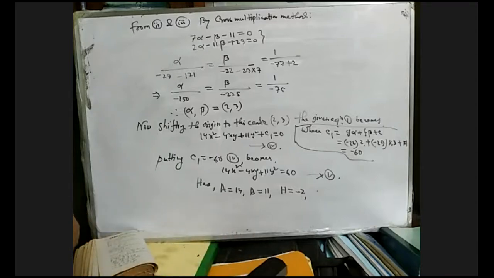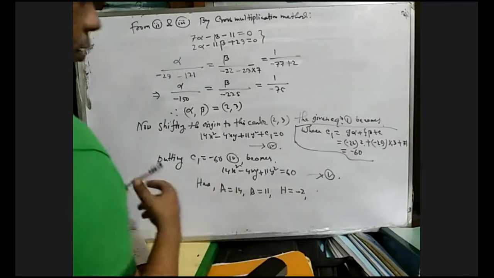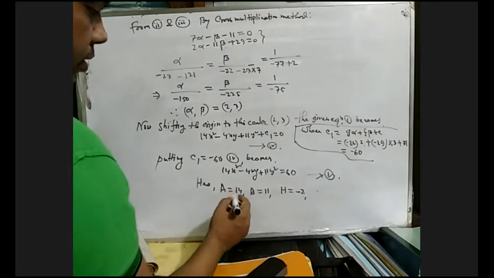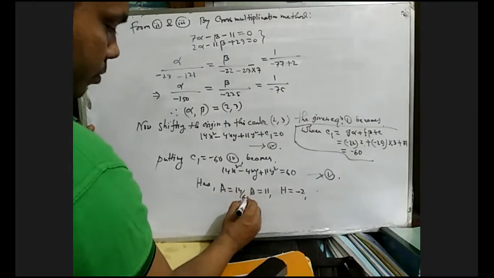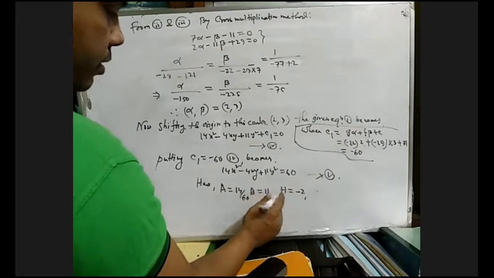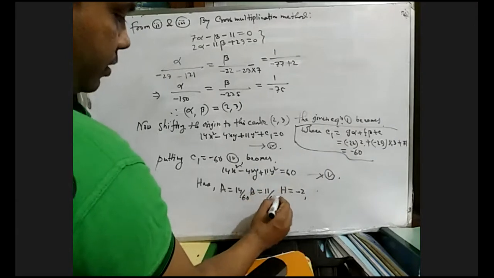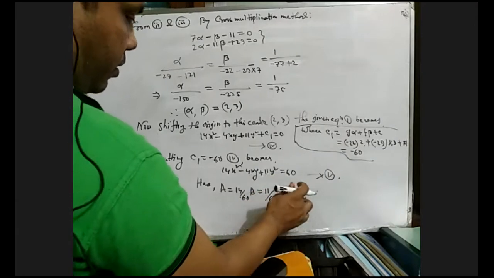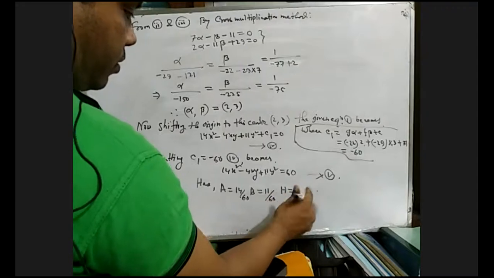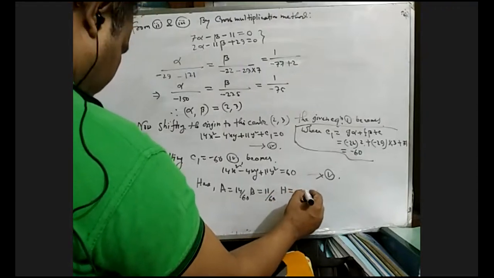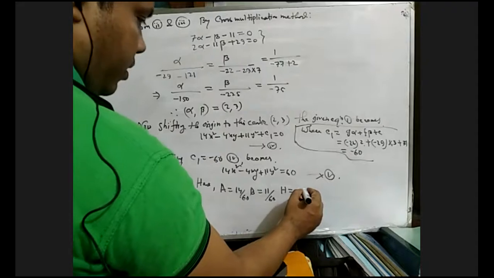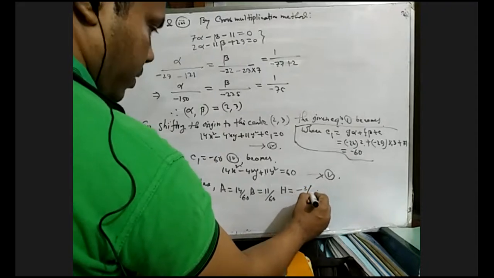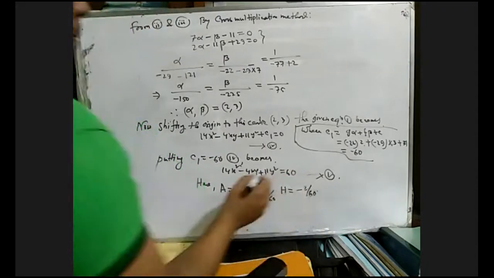Sir, 14 by 60, right? You are right, you have to divide by 60. This will be 11 by 60, and this will be minus 2 by 60, or minus 1 by 30.